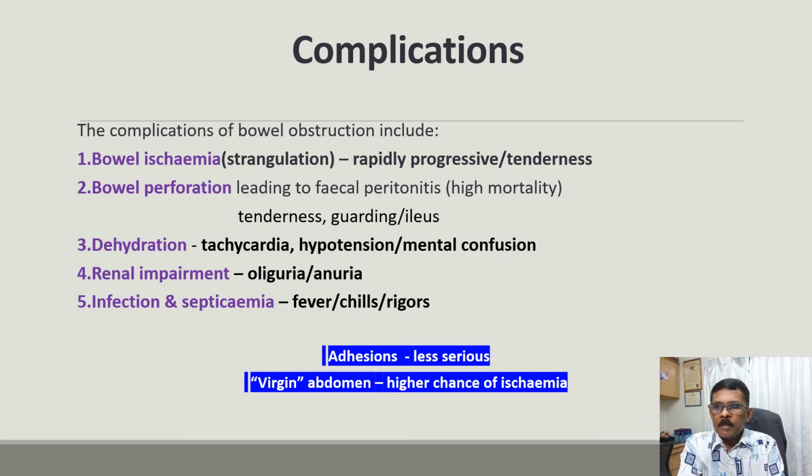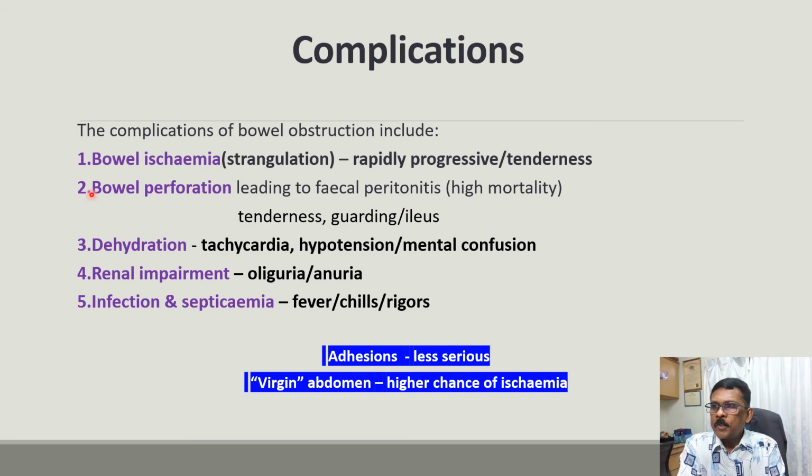Okay, this slide shows you the complications of intestinal obstruction. First, bowel ischemia and strangulation, which can progress very rapidly with tenderness and guarding. So it's a very important sign that you must check for, to monitor the patient to see whether he's developing any tenderness and guarding.